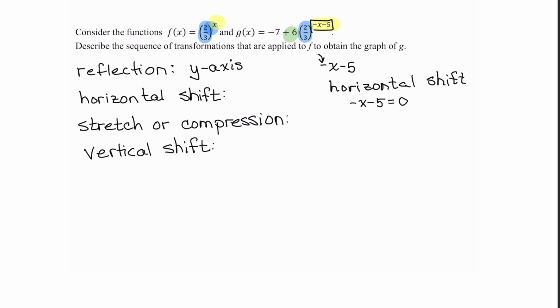So here I would add 5 to both sides, get the opposite of x is equal to 5, divide both sides by -1, and I get x is equal to -5. So the point where x used to be 0 is now at where x is -5, showing a horizontal shift of 5 units to the left.